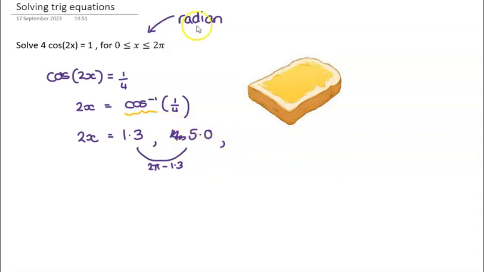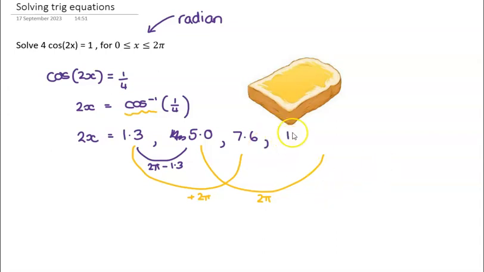Okay, now to find our next solutions, we can add 2 pi to the previous 2 solutions, because that's our first solution pair. So 1.3 add 2 pi is 7.6, and 5 add 2 pi is 11.3.